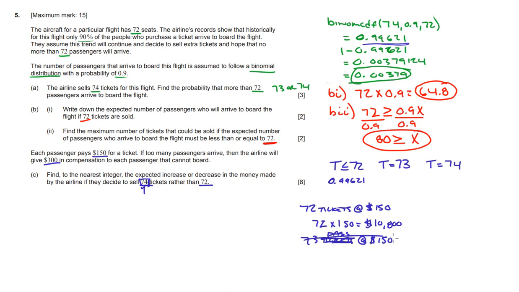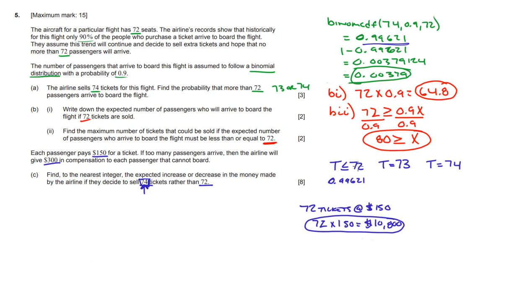I'm going to back this up here a bit. Let's erase that and try this again. Okay, so this here is if we just end up selling 72 tickets at 150 each, guaranteeing that everyone's going to get on, that's how much we're going to make. Now, what we want to do is say, hey, instead, let's risk it. We're going to sell 74 tickets.